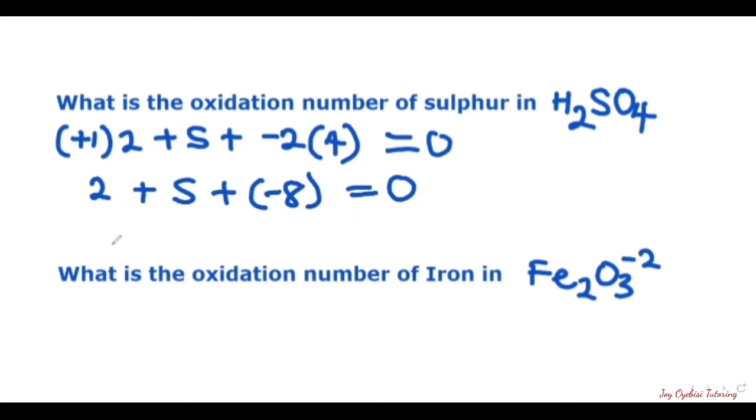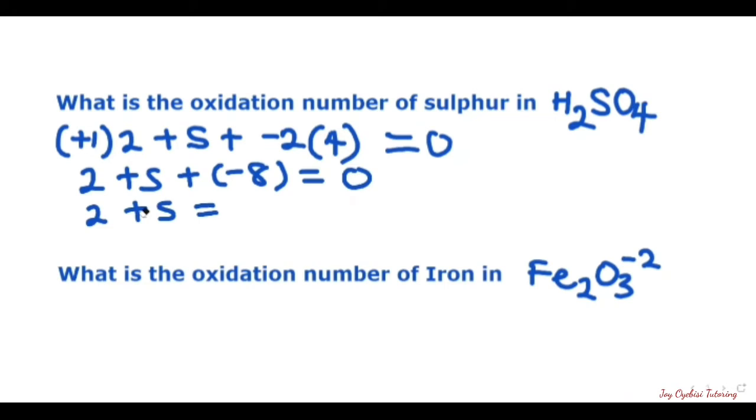If not, we can do all the maths involved, and that will be 2 plus x minus 8 equals 0. If we're to do the maths in this case, all we need to do is to put the like terms together.